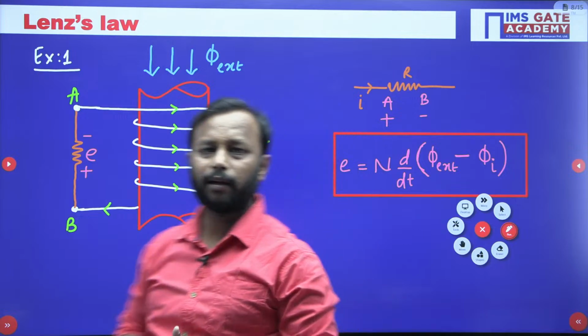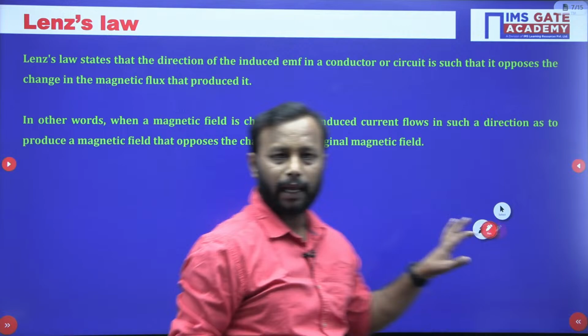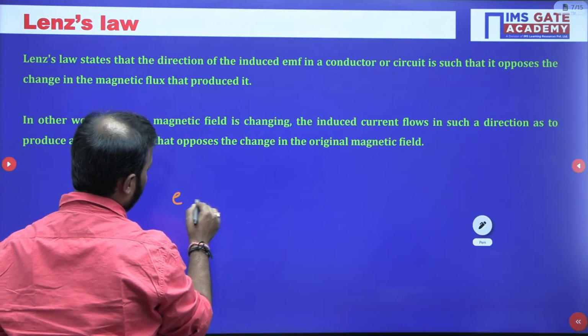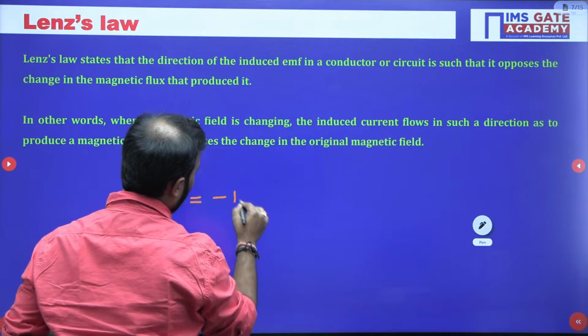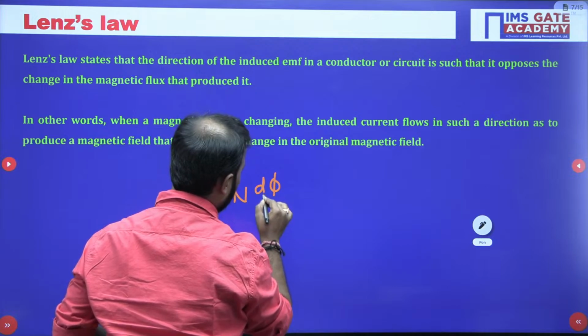Okay, समझ में आ गया? Any doubt? Or in a simple manner, this Lenz law is nothing but E equal to minus n d phi by dt.